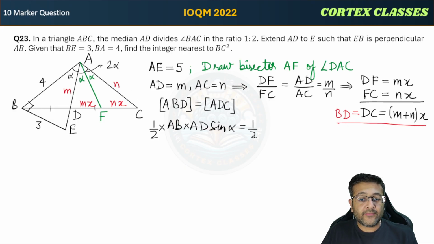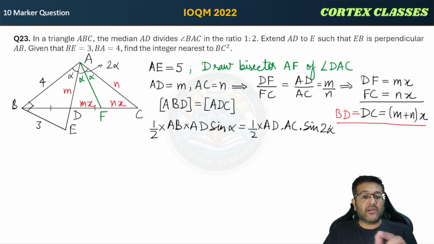That is half into AD into AC into sine of 2 alpha. 2 alpha is angle in between the two sides, है ना? Half BC sine C, half AB sine C is the formula we are using for the triangle, है ना? From solution of triangles. So half into product of the two sides into the sine of the angle containing the two sides.